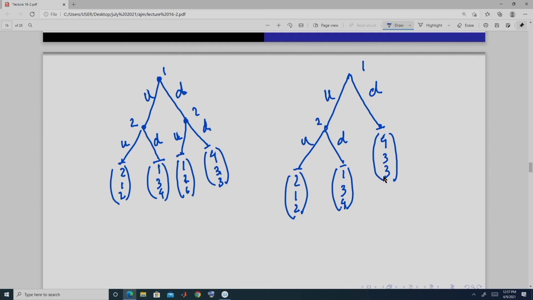And here if player 1 chooses U, player 2 is going to choose D because 3 is greater than 1.